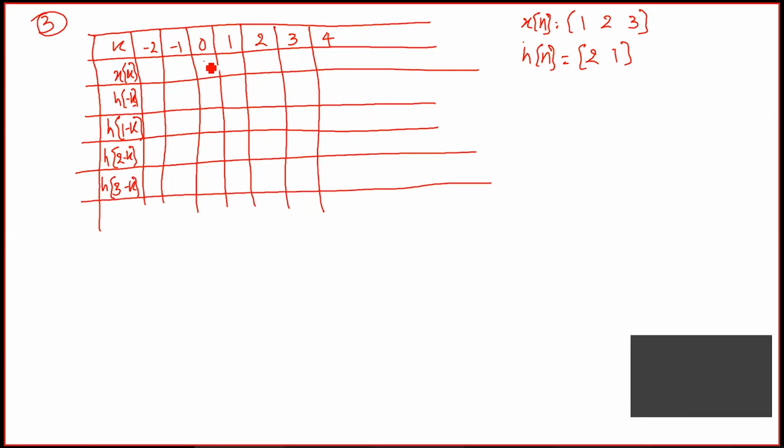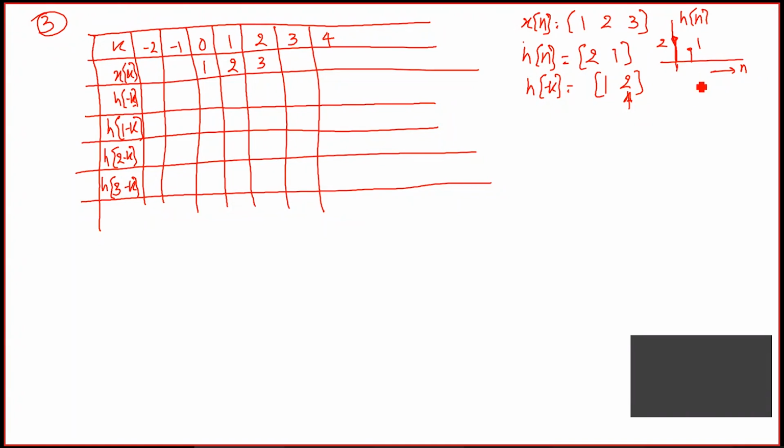Okay, so if you just plug in the values, this is 1, 2 and 3, and h of minus k, this is h of n, so h of minus n or h of minus k would be this thing flipped. This will become 2 and 1 with the arrowhead right there. Or in other words, this was your h of n, this was basically 2 and then 1. This is your n, this is your h of n.